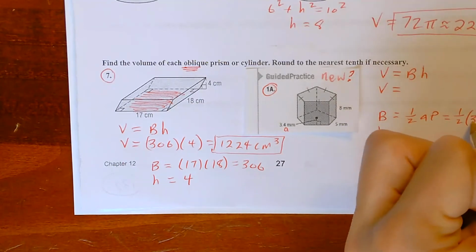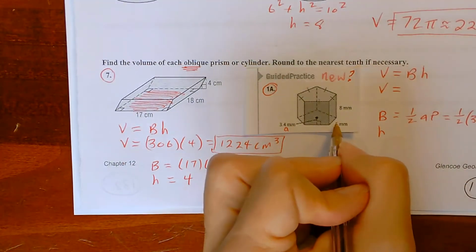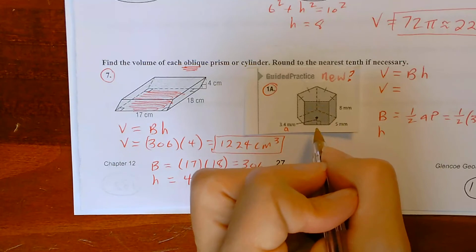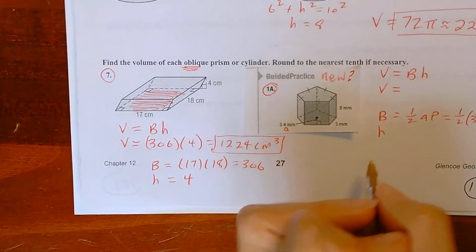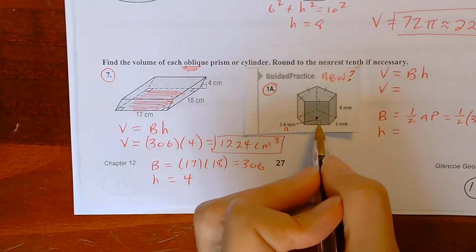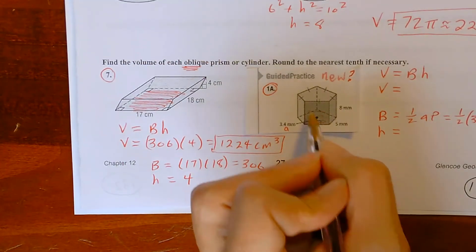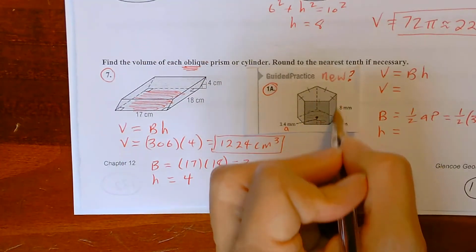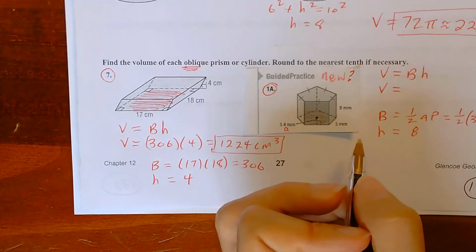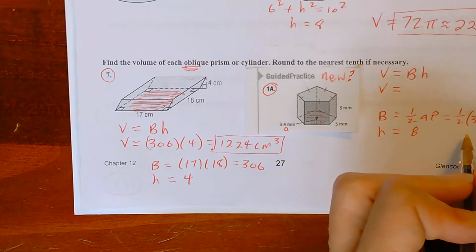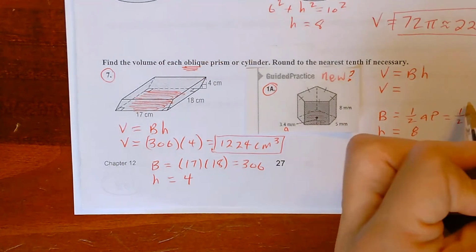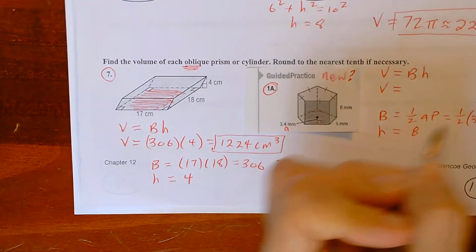1/2. The apothem is 3.4. To get the perimeter, it's going to be 5 times 5. So that's going to give me the area of the base. Now, the height of the object is going to be how tall it stands when it's on its base. Since the bases are the pentagons, it is going to be standing 8 tall. So I need to multiply out 1/2 times 3.4 times 25, and that's 42.5.